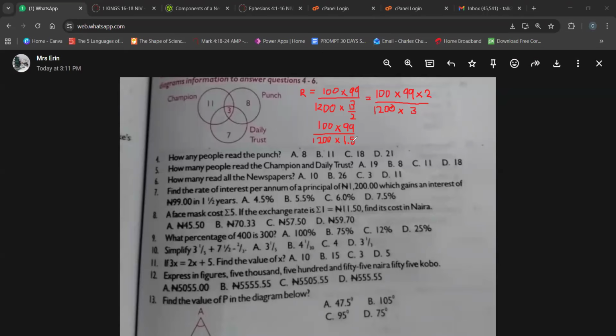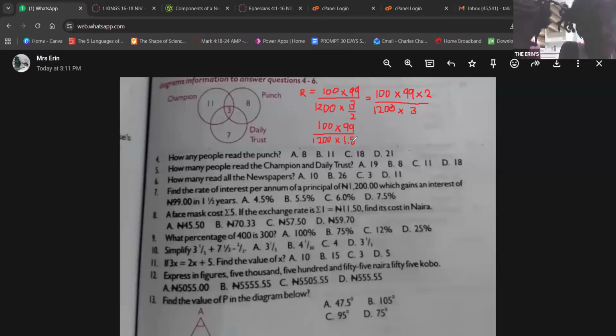Can you see my screen? Yes, sir. This is the method I used. This is the method that you said: 100 times 99 times 2 over 1,200. Yes, sir. And it gave me 5.5%. Hello, Faith and Favor.